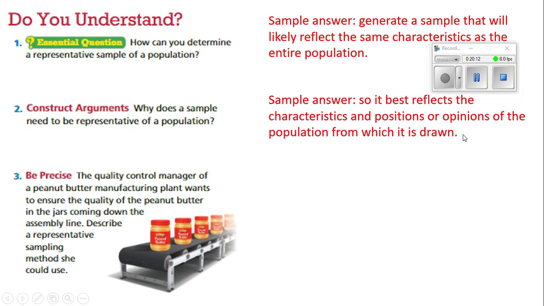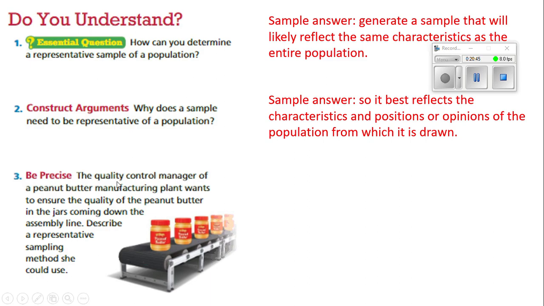If I'm talking about sports, but then I go to a group of artists that never do anything with sports, they're really not going to accurately reflect the characteristics of the population of sports people that I'm trying to inquire information about.